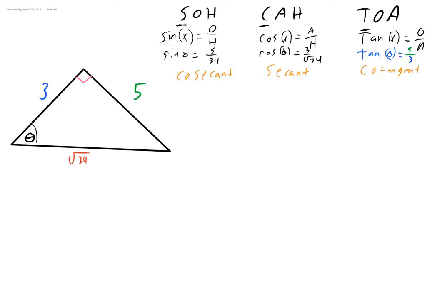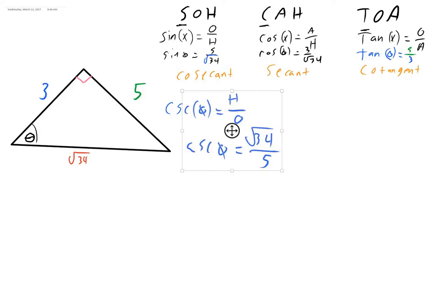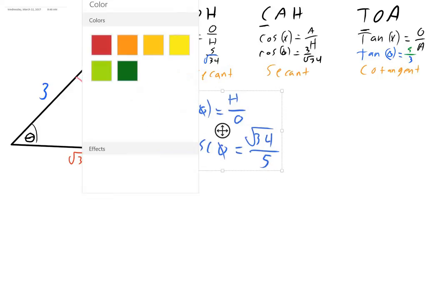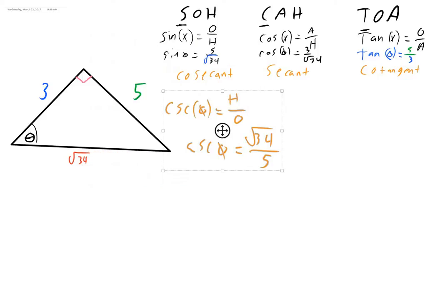So cosecant, CSC of theta, is just going to be the reciprocal of what we see here, which means that it's hypotenuse over opposite, which means that cosecant of theta is going to be root 34 over 5. All right, so that's how you do these fancy words. They're scary at first, like cosecant, secant, and cotangent, but they're not really all that bad. It's just knowing that you have to reverse it.